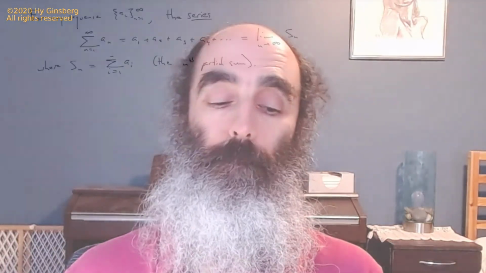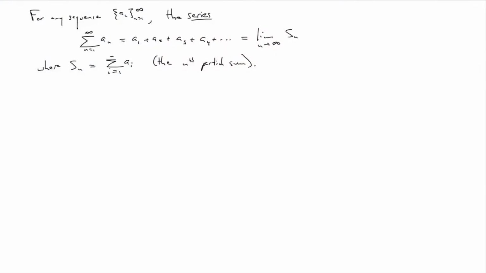But now we're going to be looking at all kinds of series, and so we need all kinds of different ways to determine: do they converge or do they diverge? First of all, let's remind ourselves that for any sequence of terms a sub n, we define the series sum n equals 1 to infinity of a sub n, which you can think of intuitively as a sub 1 plus a sub 2 plus a sub 3 plus a sub 4 and on and on and on forever.